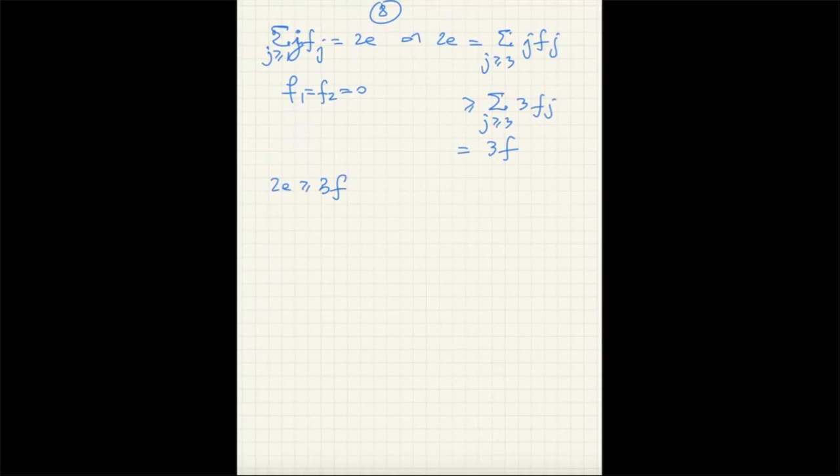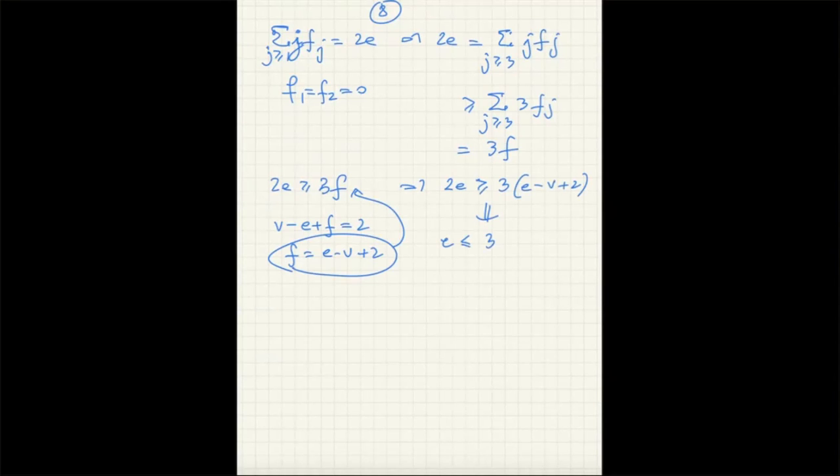And now you have Euler's formula, and you can replace the number of faces, which is E minus V plus 2. You plug it in, and we get 2E greater or equal to 3 times E minus V plus 2. When you unpack it, you end up with E at most 3 times V minus 2, which is 3V minus 6. Now the proofs for the other two are similar.